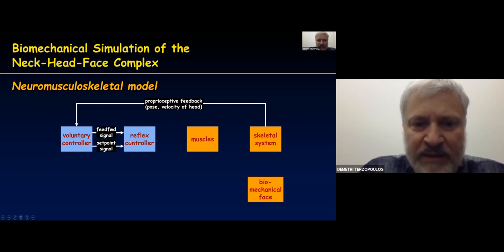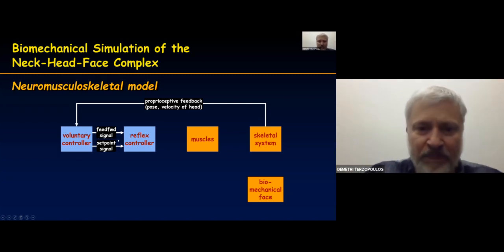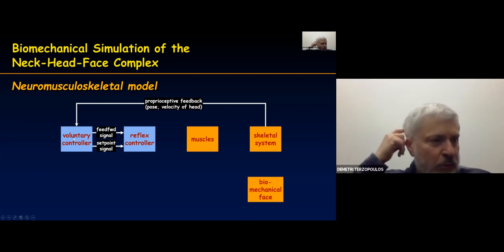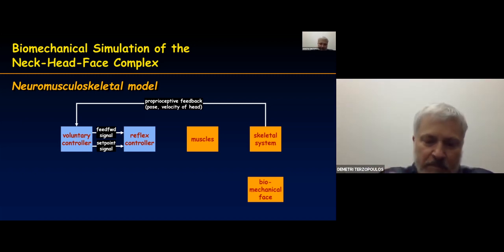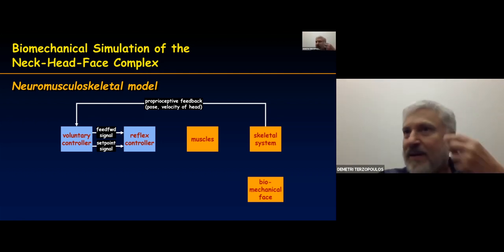And what we have is two levels of control, a low-level reflex controller and a higher-level voluntary controller. So the voluntary controller is the controller that the model can use to voluntarily move its head. If I want to look at something, I voluntarily control my muscles.